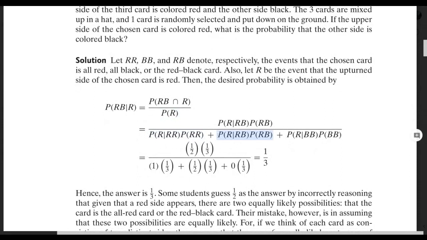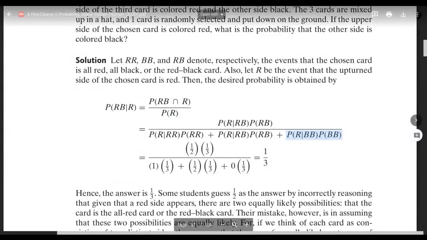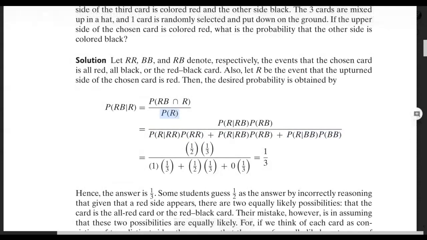We have these 3 cases, right? The card being turned up is red. For the first card, the probability of the first card is 1/3, and the probability of it showing red is 100%. For the third card, the red and black card, the probability of the third card is 1/3, and the probability of the upturn being red is half, that's 50%.